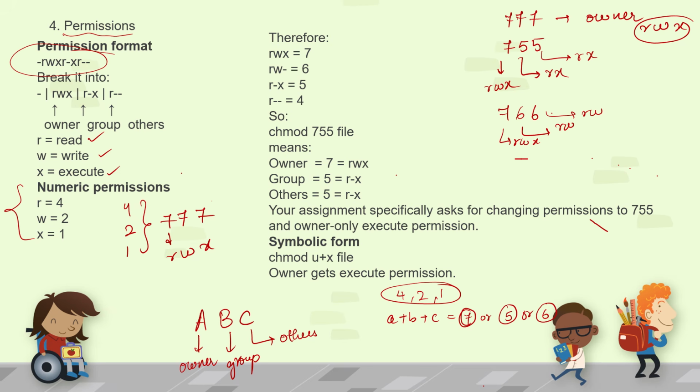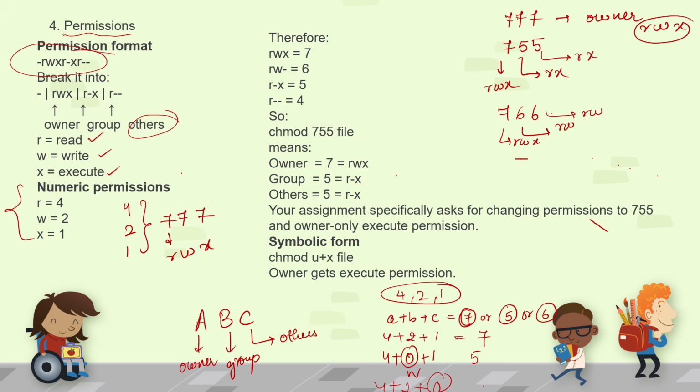You have to take all three: 4 plus 2 plus 1. So you know that 4 plus 2 plus 1 will be giving us 7. Now if I say I have the permission of 5, so you know that 4 plus 2 will exceed, but you need only 1, so 4 plus 0 plus 1. Where you have 0, that means that permission is not granted to you. Similarly, 4 plus 2 plus 0, that means this access is not granted to the group or the others. I hope this is clear.